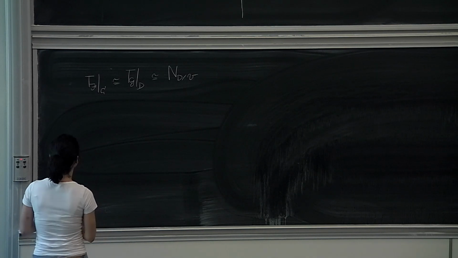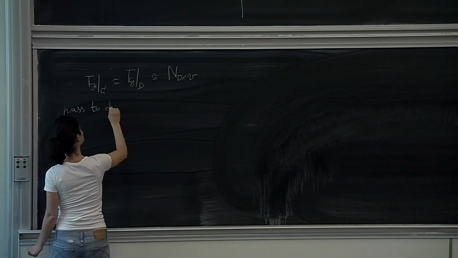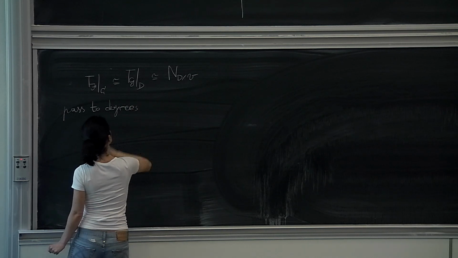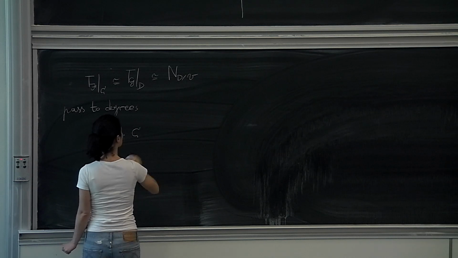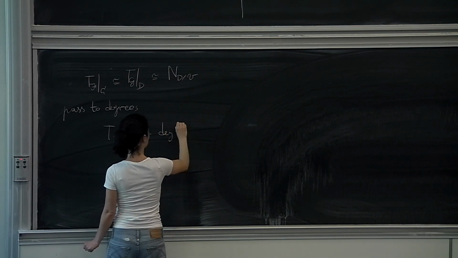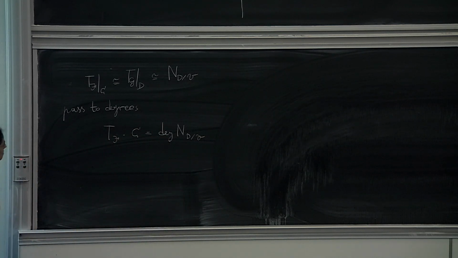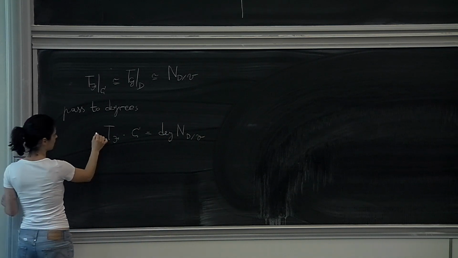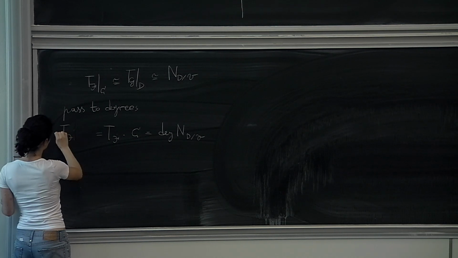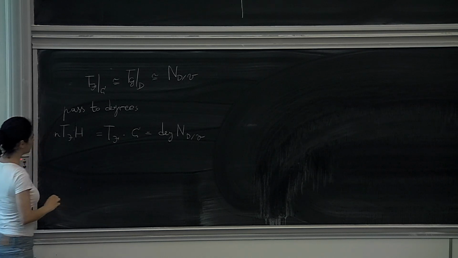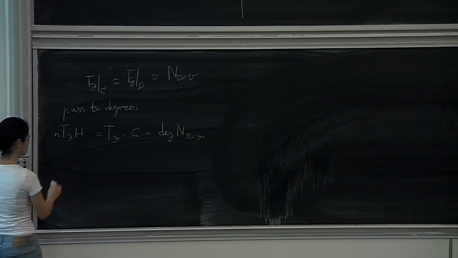So by computing degrees, we pass to degrees, and remember that C was in a linear system of multiples of H. So this is positive.